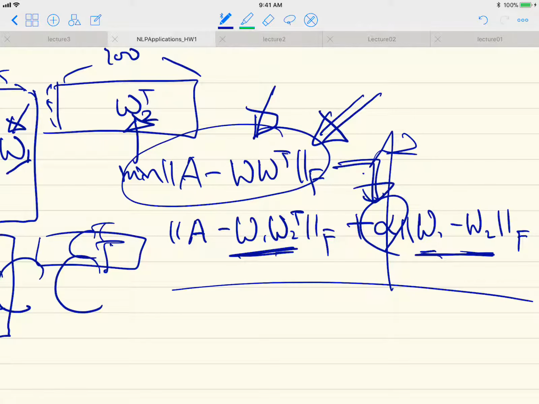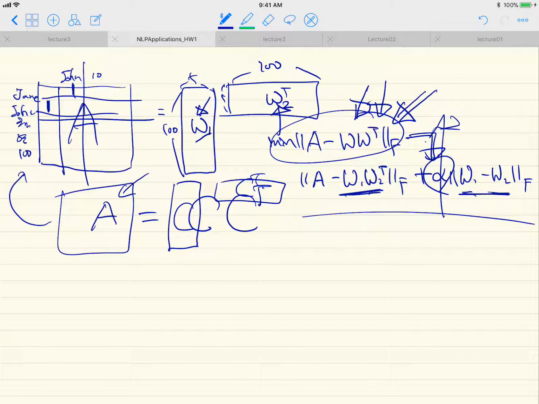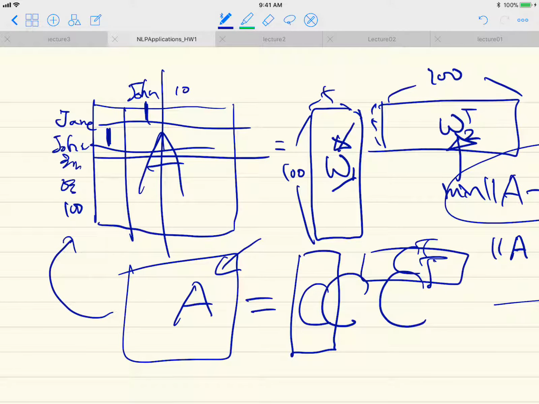But we ideally want to have the first one, and then the intuitive meaning of why we want to use that objective function is this. If you are familiar with recommender systems like collaborative filtering, this adjacency matrix is often user by item, right?